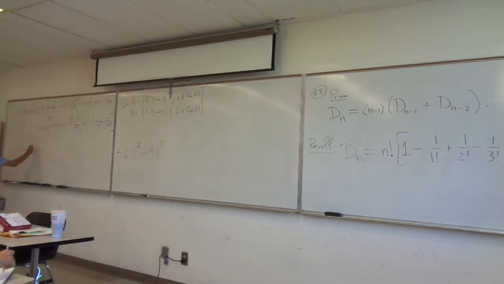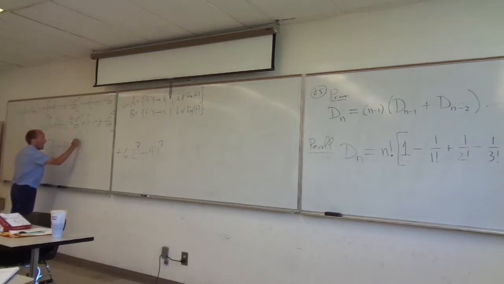So that's exactly what we want to do. N minus 1 factorial. We're going to have n copies of 1 minus 1 over 1 factorial plus 1 over 2 factorial minus plus, and we're going to stop at n minus 2 factorial on the bottom because that's as far as the common terms go.